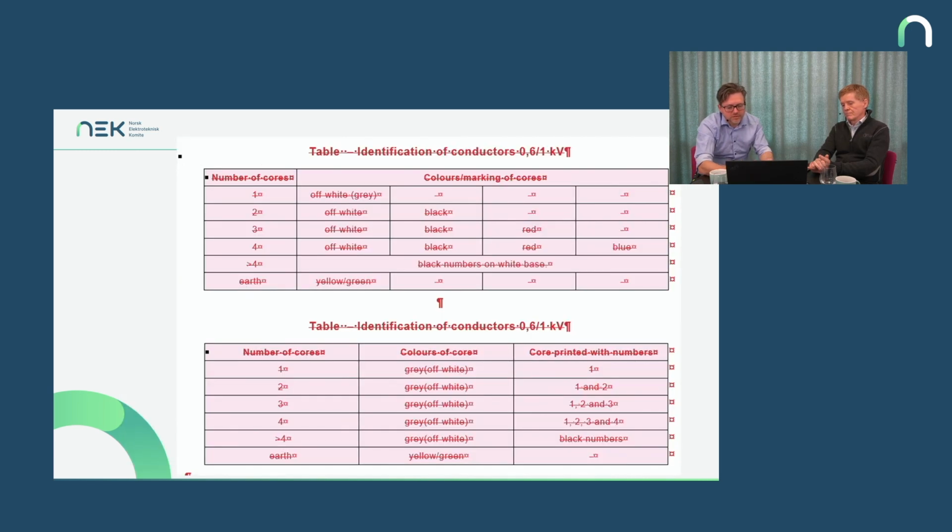Okay, next. There are 2 tables that we have deleted because I guess there was no longer a need for them. Yeah, referring to the colors of the conductors. There are other tables, of course, that cover this, so these 2 are no longer needed.